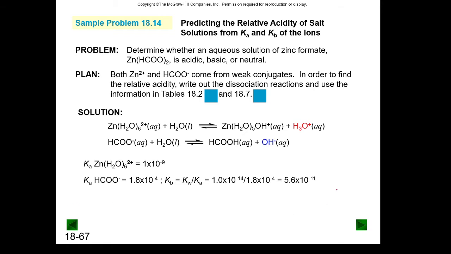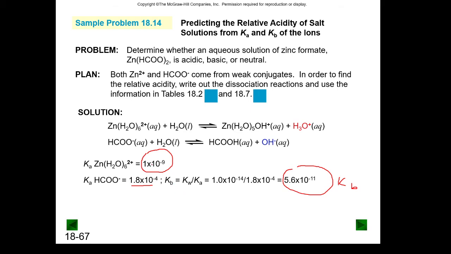Here's the Ka of zinc. They looked up the Ka of HCOO minus, but I need to compare it as the Kb, so they solved and found the Kb. What they're saying is, if I gave you the Ka, you should be able to calculate the Kb based on everything we've done up until this point.